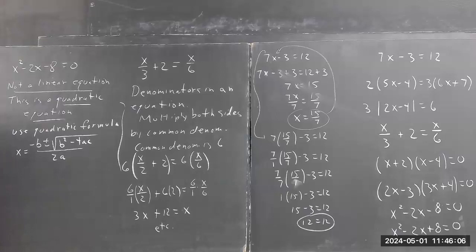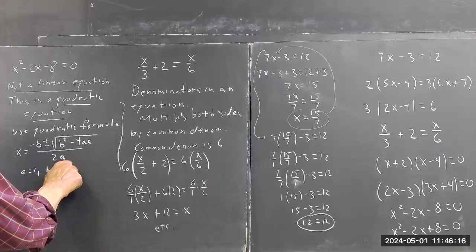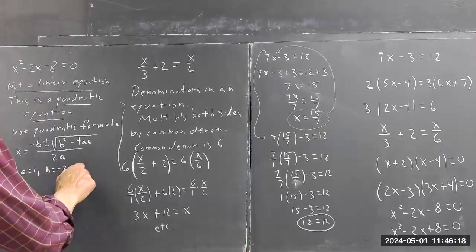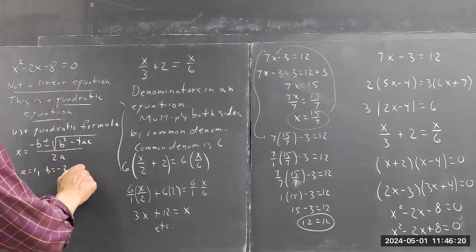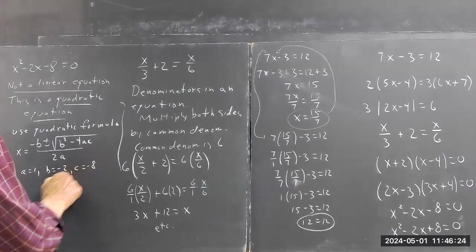Here's the quadratic formula. A is the number in front of x squared, which is 1. B is the number in front of x, which is negative 2. C is the number that's left over, just a number without any x's on it, and that's negative 8.